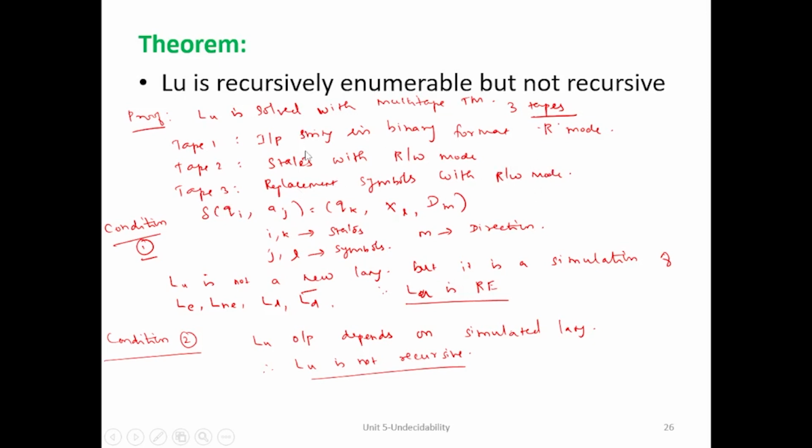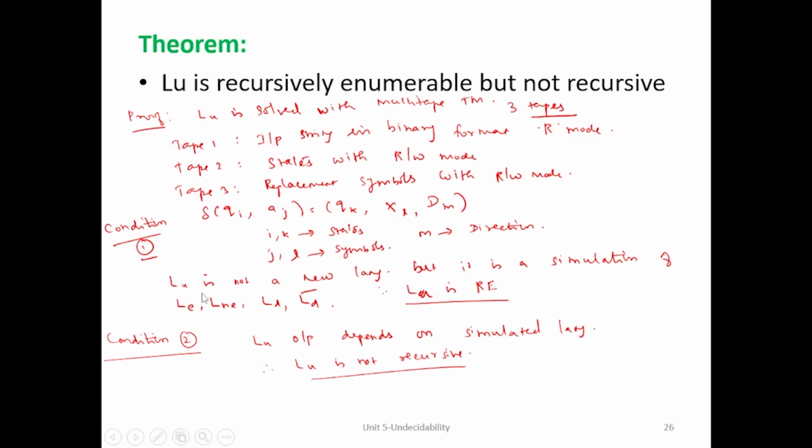Of the 3 tapes, only tape 1 is read mode; tape 2 and tape 3 are rewritable. The generalized encoding format is written as tilde of QI, AJ, QK, XL, DM, where I and K are states, J and L are tape symbols, and M is the direction. So we already know the encoding format notation.